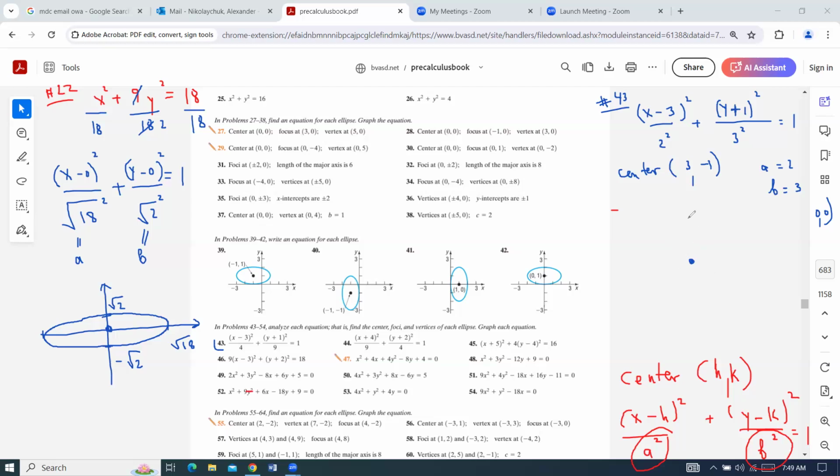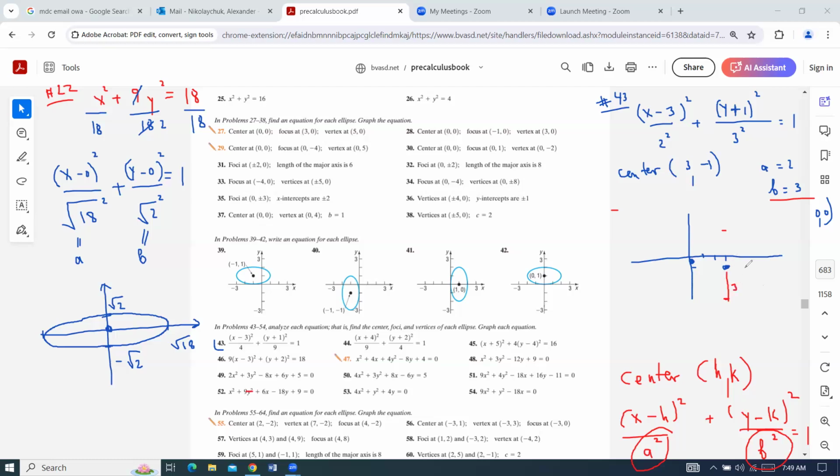So let me actually try to put this in the picture a little bit nicer. So 3 and -1 will be my center. And then I need to go up and down by 3. So probably someplace here and there. I'll get my b, right?